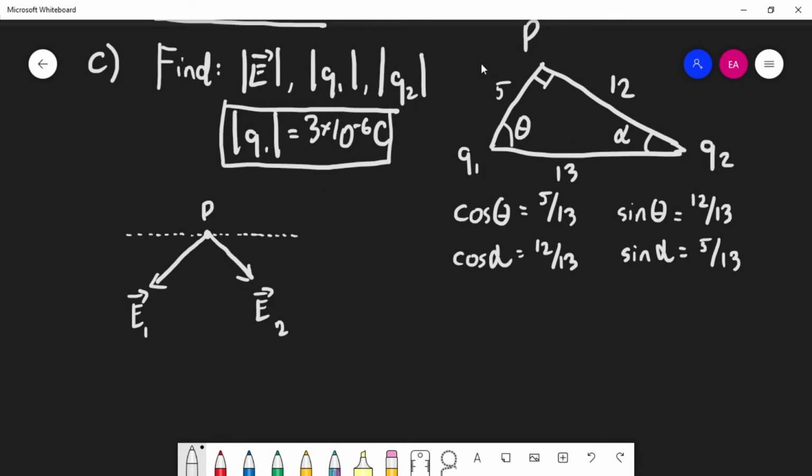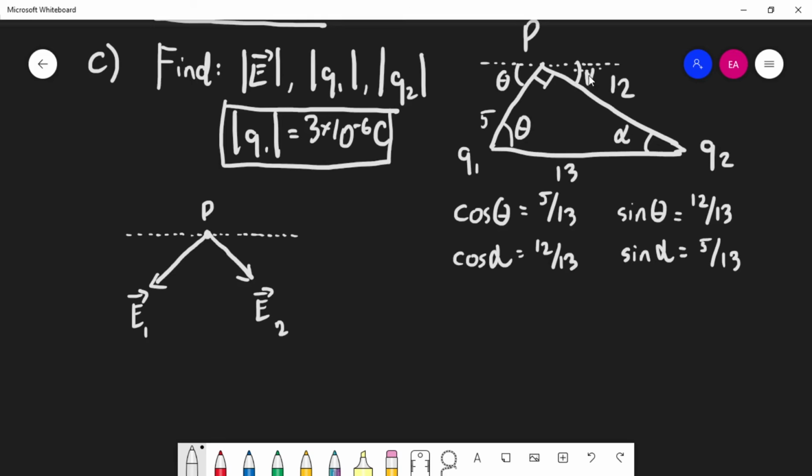As you can see here, let's draw a horizontal line which is parallel to this. So, by alternate interior angle theorem, we will get this angle to be theta as well.